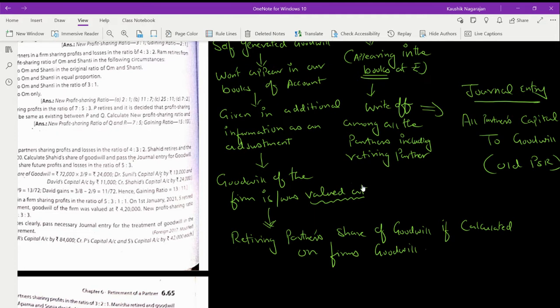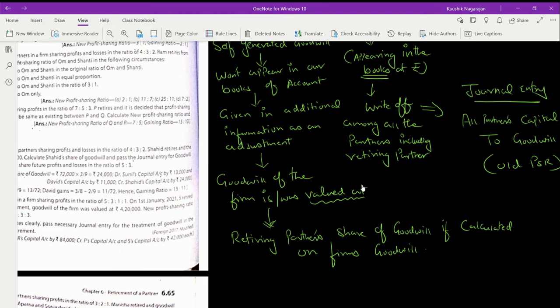This is the first step. So the goodwill of the firm is valued at is a clue word to identify it as self-generated goodwill, and this is used to find out our retiring partner's share of goodwill.